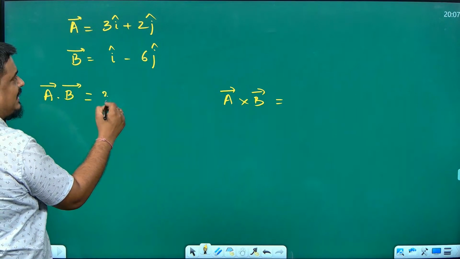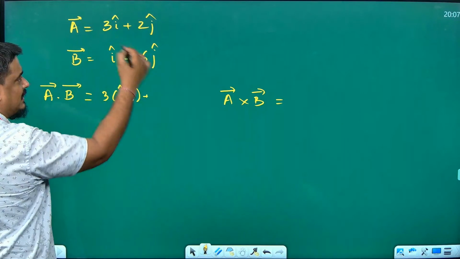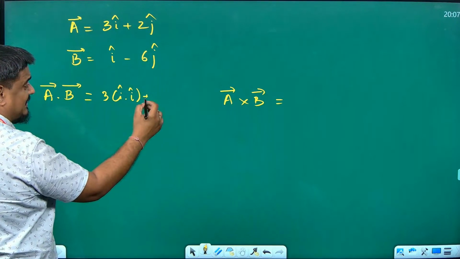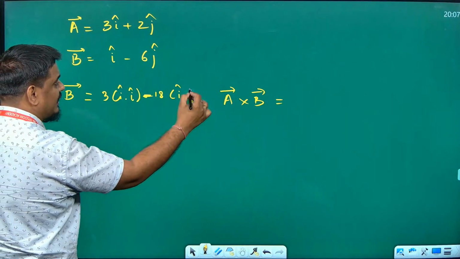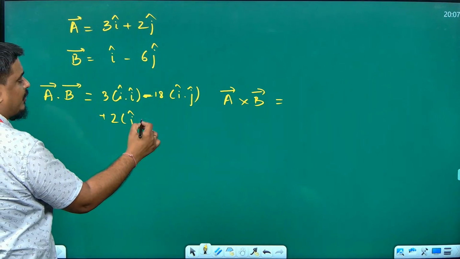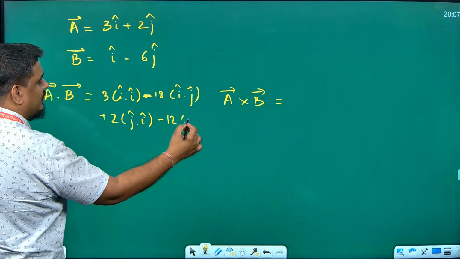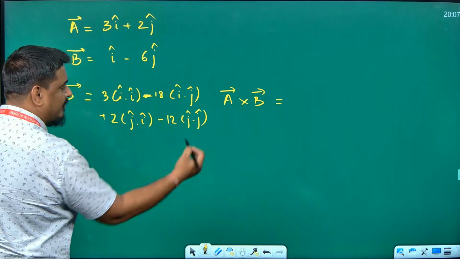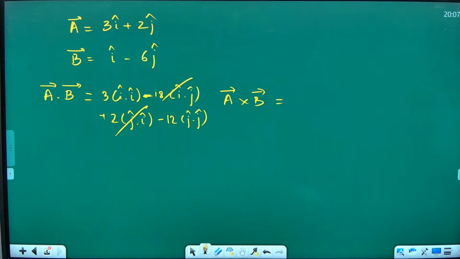So first will be 3 into 1, 3, i cap dot i cap, plus 3 into minus 6 is minus 18 i cap dot j cap, plus 2 into 1 is 2 j cap dot i cap, plus 2 into minus 6, minus 12 j cap dot j cap. i dot j, j dot i will become 0.